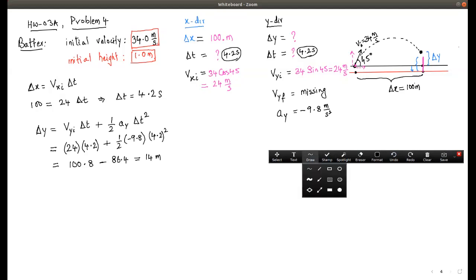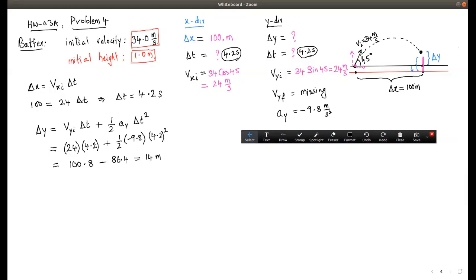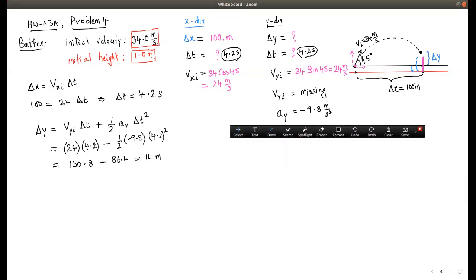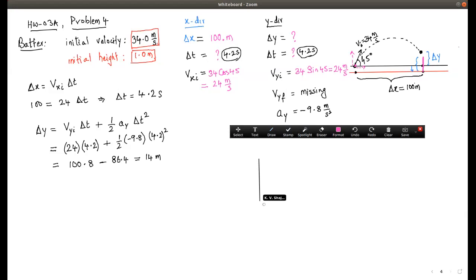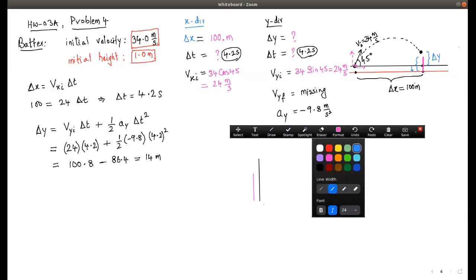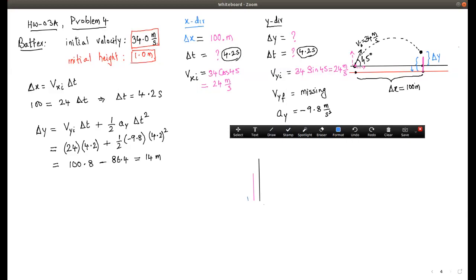Let me remove that dot there, it's confusing. So this is 14 meters. Now we still have to analyze whether it's going to clear the fence or not. That's relatively easier at this point. So let's clarify this clearly. There is a delta y. Change the color. That's your fence, about 10 meters. And let me also put in a small piece here, which is 1 meter.